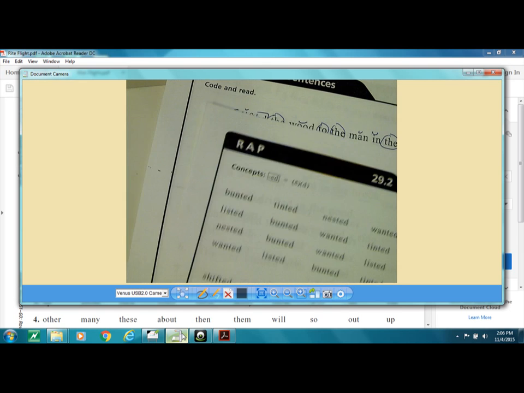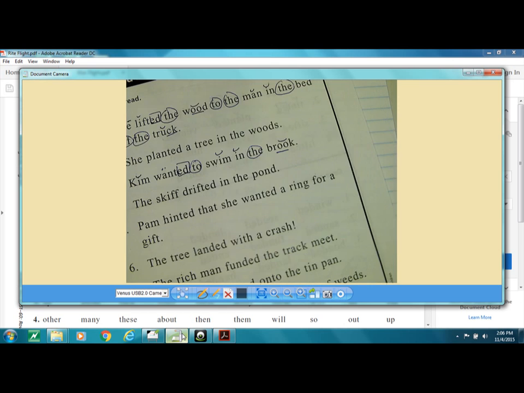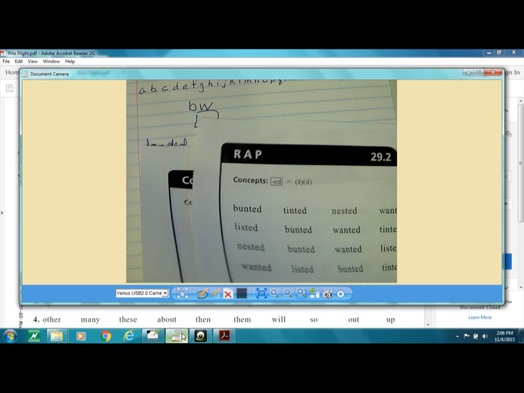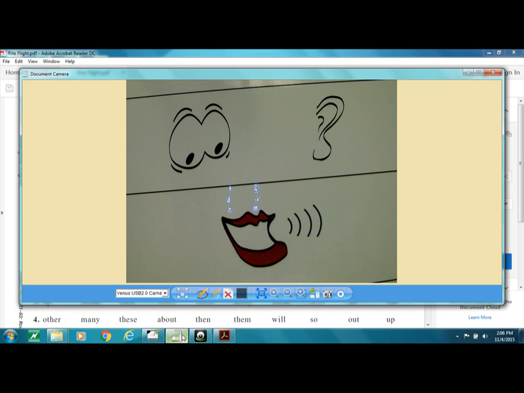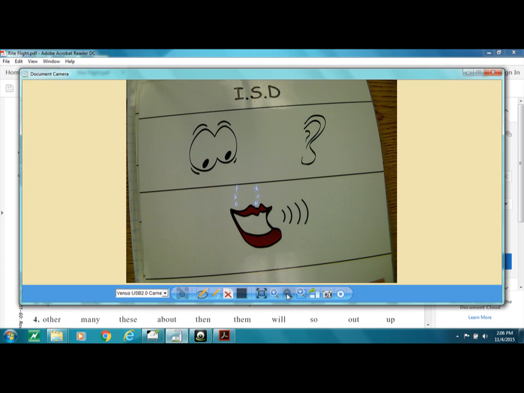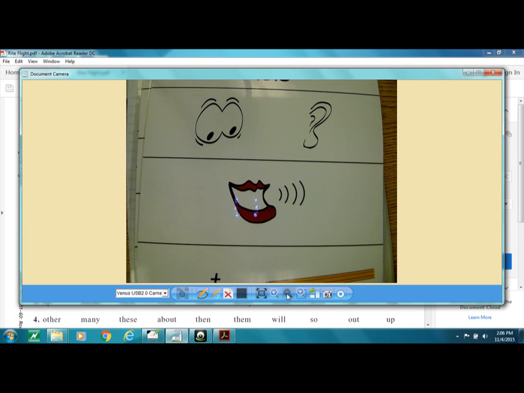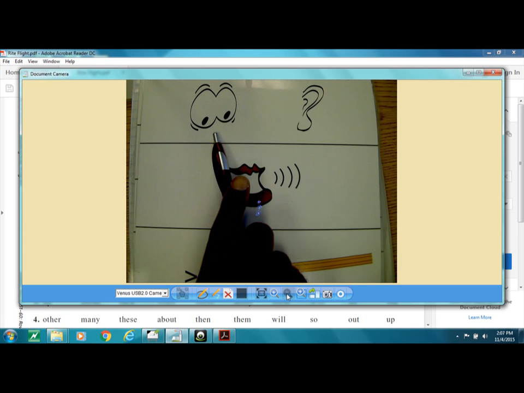Now, what we want to do now is we want to do the spelling deck. So I need you to have that sheet of paper that should be provided for you or should be near you, okay? Remember when we get ready to do this that I need you to look and listen.